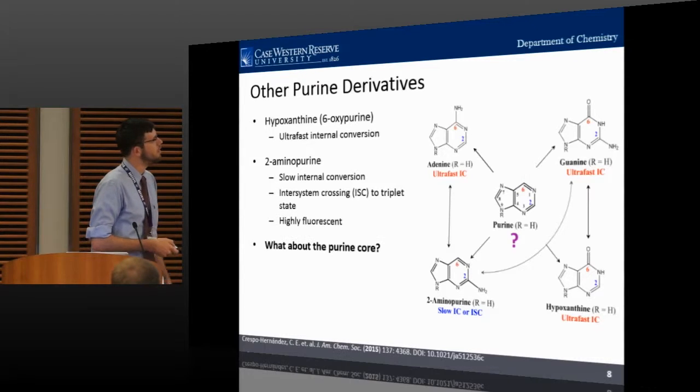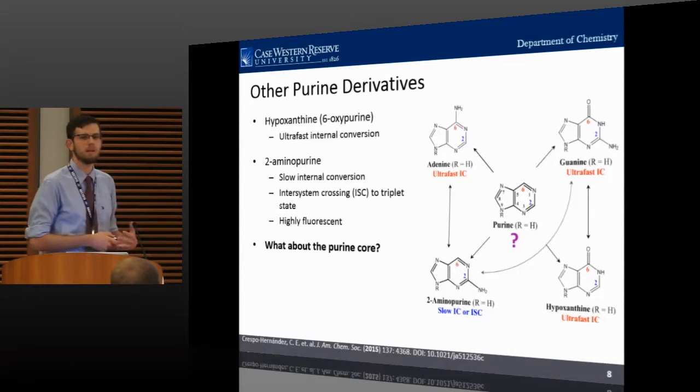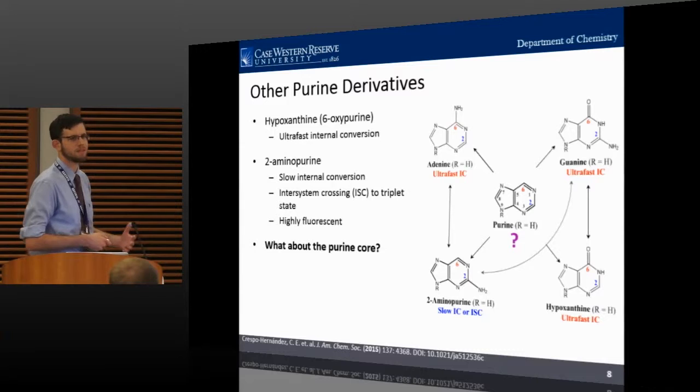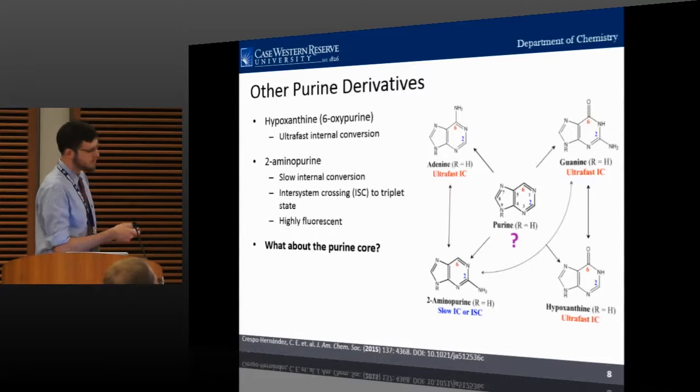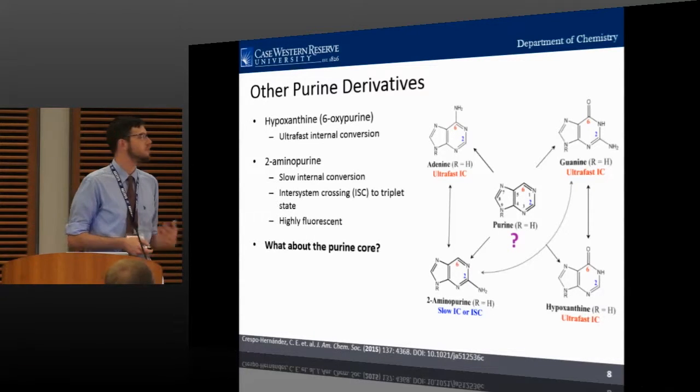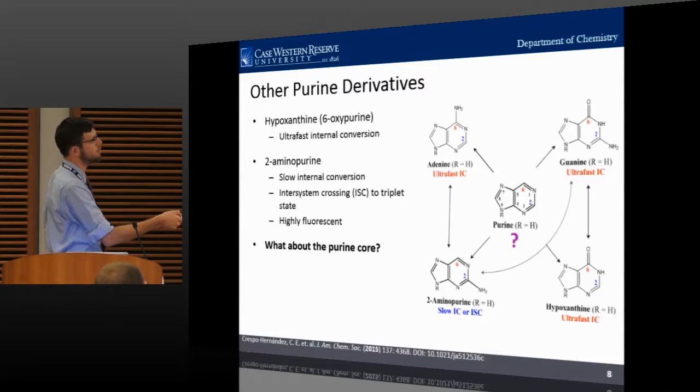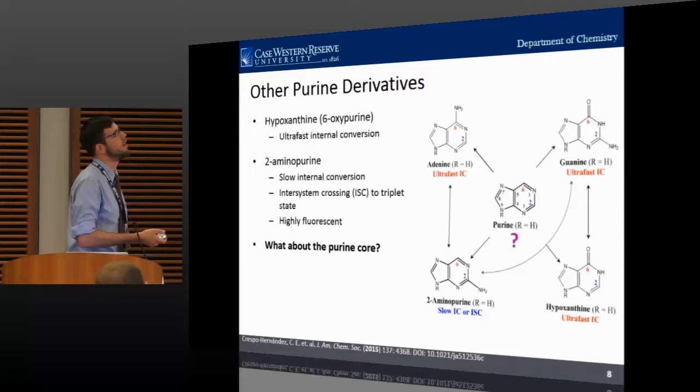So this shows that it's not definitely all the purine bases that ultra-fast intersystem cross to get rid of that energy on an ultra-fast timescale. So then the question that arises is: is it due to this purine core, or is it the specific substituents on the purine core that are moderating this excited state activity?